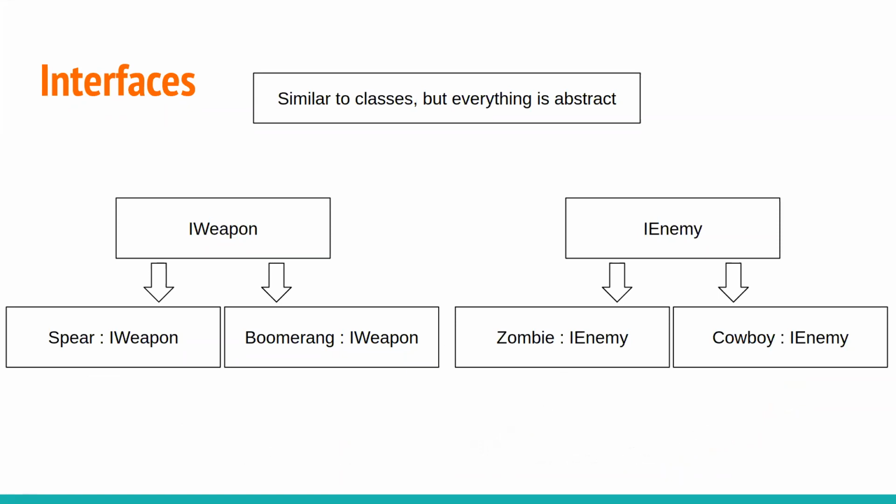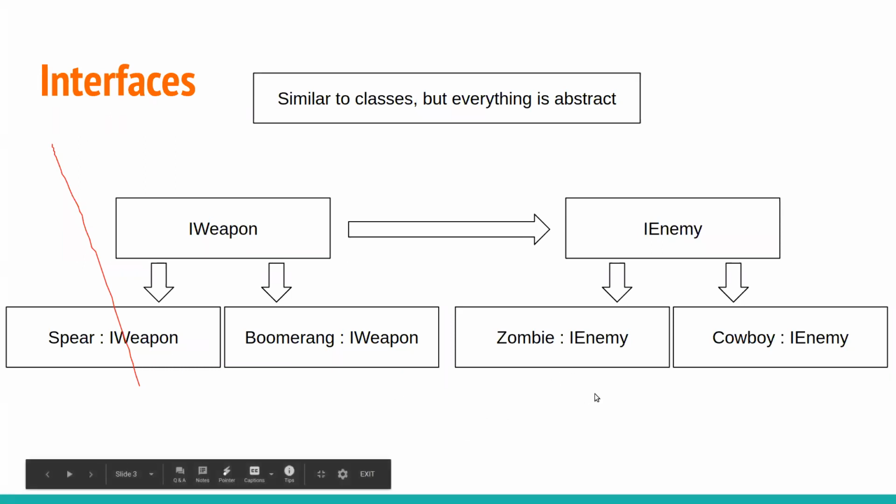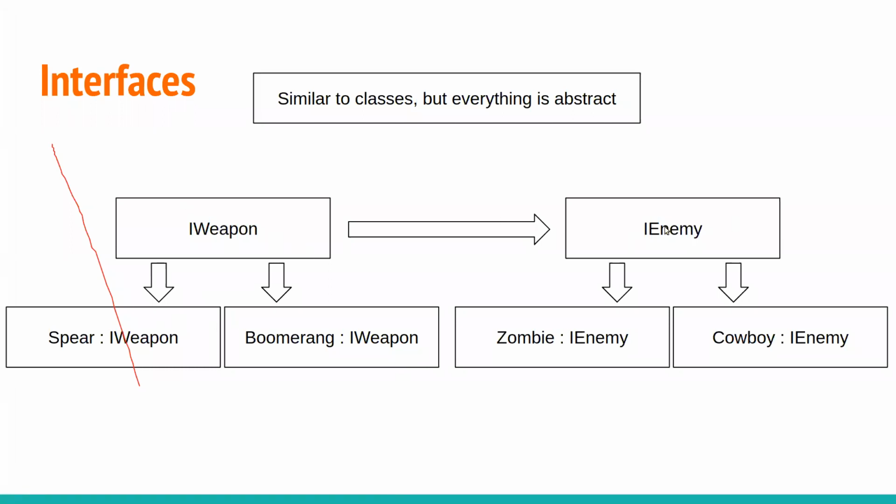Instead of defining all of that, what interfaces will allow us to do is to just say, oh, every single I-weapon will be able to attack I-enemies. So instead of defining those 4 relationships where I say spear attacks zombie, spear attacks cowboy, boomerang attacks zombie, boomerang attacks cowboy, we'll be able to say all weapons, so spears and boomerangs, will be able to attack all enemies, zombies and cowboys.